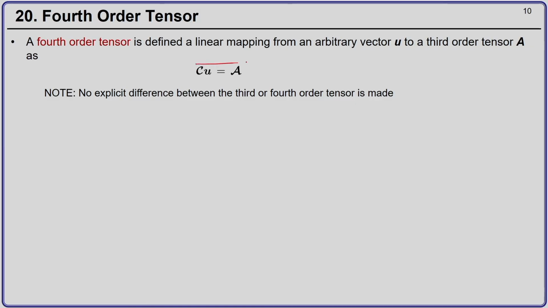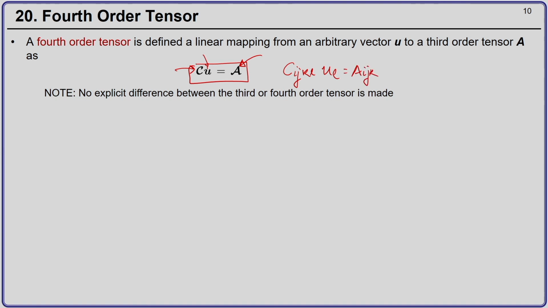Let bold calligraphic C here represent a fourth order tensor. It operates on a vector u and it gives you a third order tensor A. So, in indicial notation I can write C_ijkl u_l equal to A_ijk.